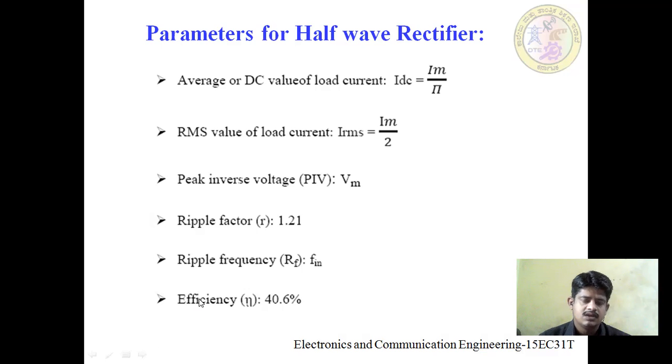They are very important and you must remember these values. These values differ from half wave to full wave. You cannot have the same value for both rectifiers because both operate in different ways.